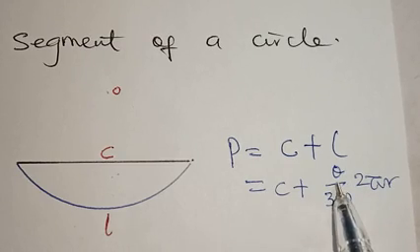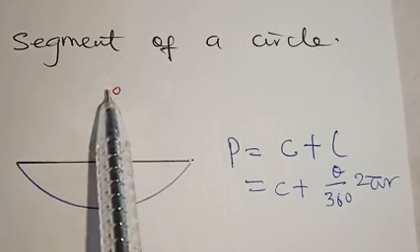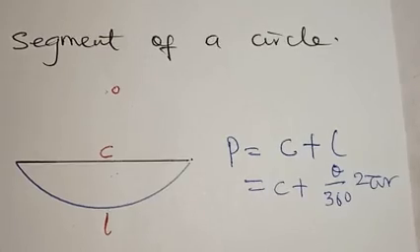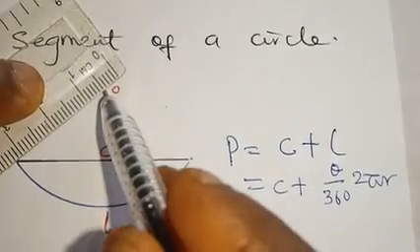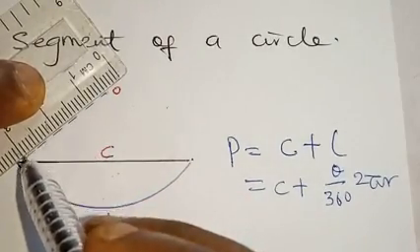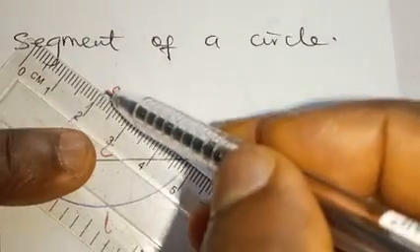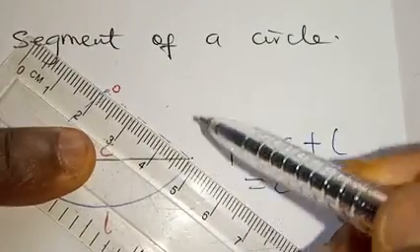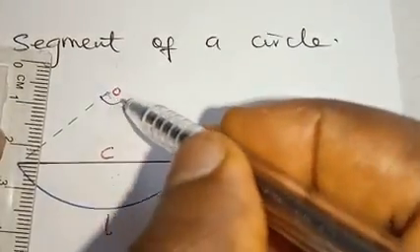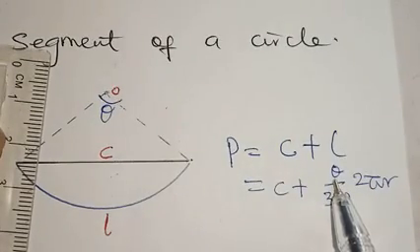But where's our theta? That means we need to do a construction here and get a theta. So if I draw the radius and draw the second radius, the angle here is the theta.